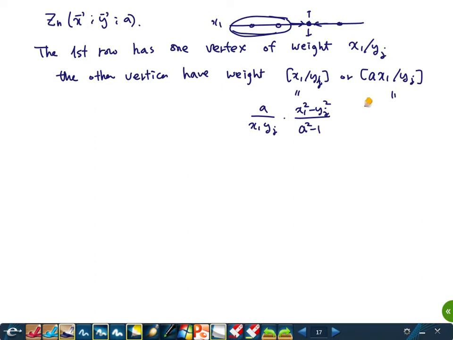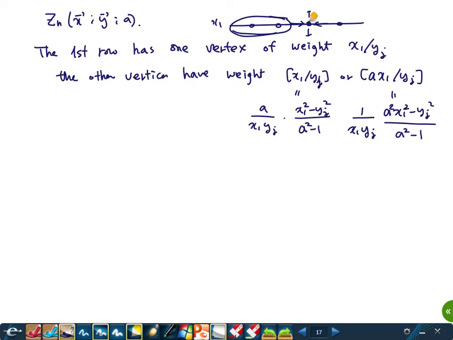Then this part, we are focusing on x1, the degree, because we are interested in the degree. In the denominator, the y's are constant, so don't worry. So how many vertices do we have?